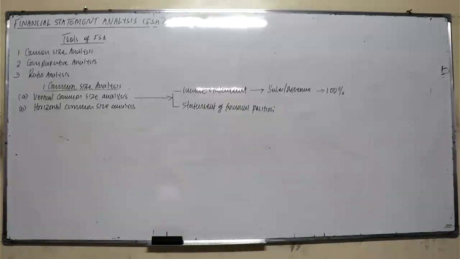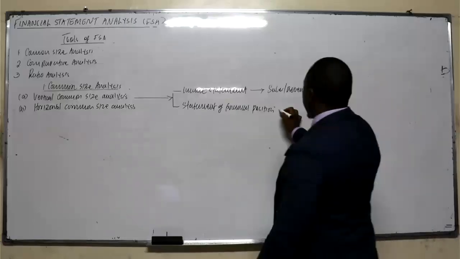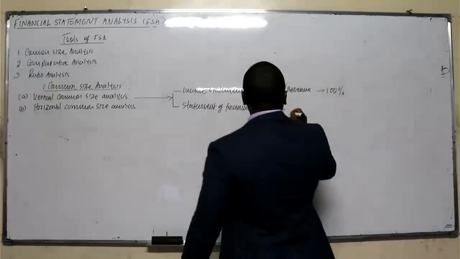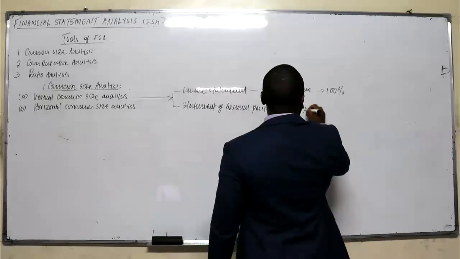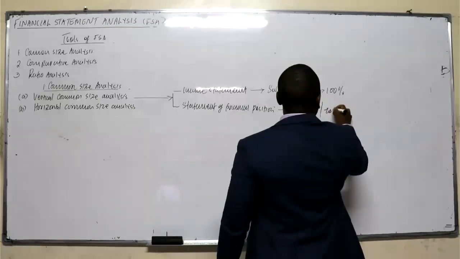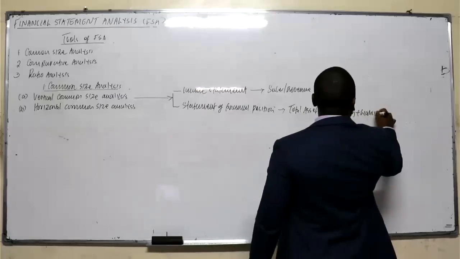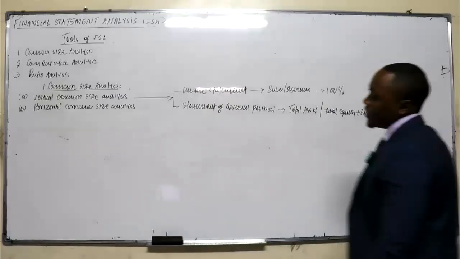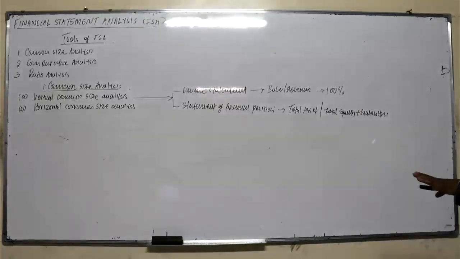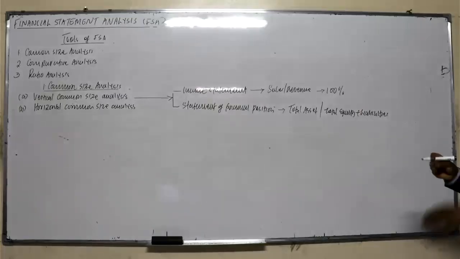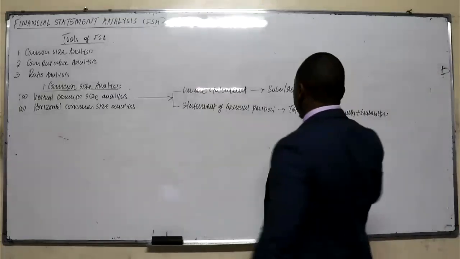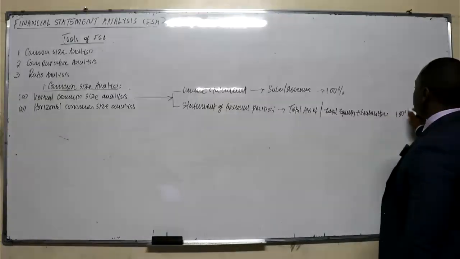For example, the cost of sales you express as a percentage of sales, gross profit the same, operating expenses, tax, like that. Then for the statement of financial position, the base case will be the total assets or total equity and liabilities. So that's the vertical common size, whereby you are comparing all the financial statement items to a base case, which you hold as 100%.